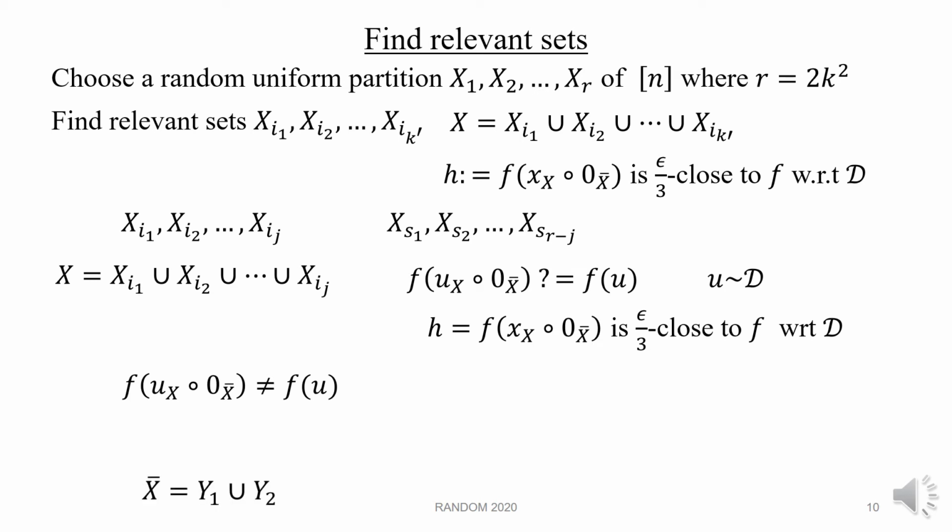We take x complement, which is the union of all the sets s1, s2, up to sr minus the j sets that we found, the ones we do not know are relevant, and split them into two sets: y1 is the union of half the sets, and y2 is the union of the other half. Then we compare those two with this.